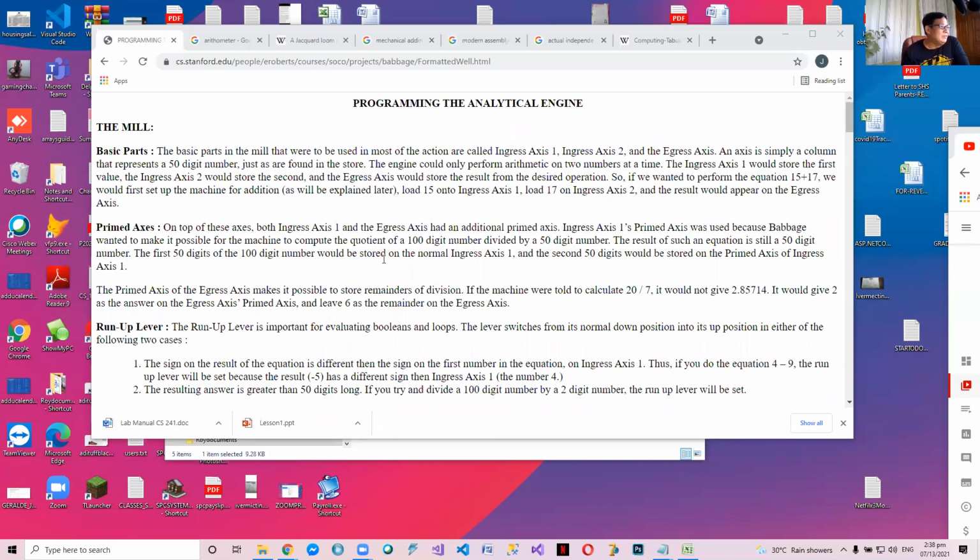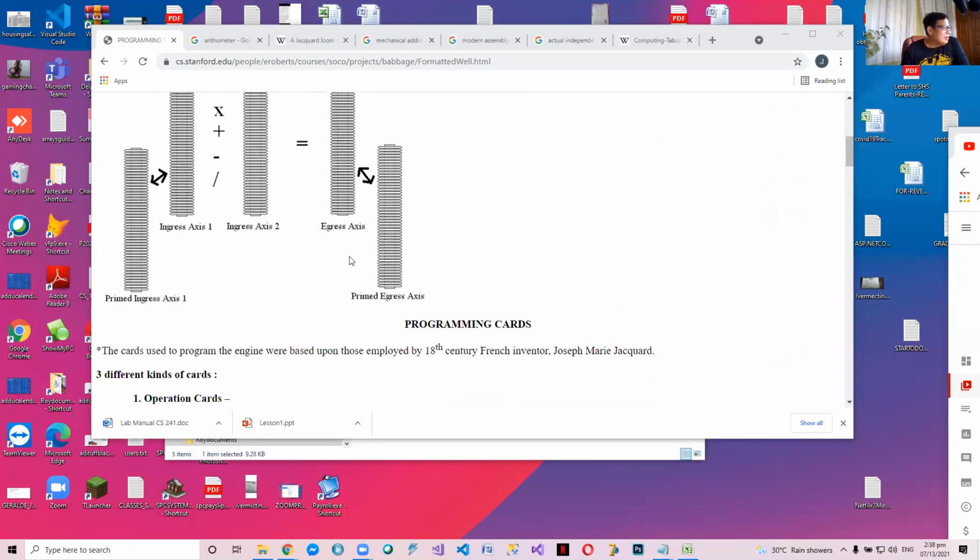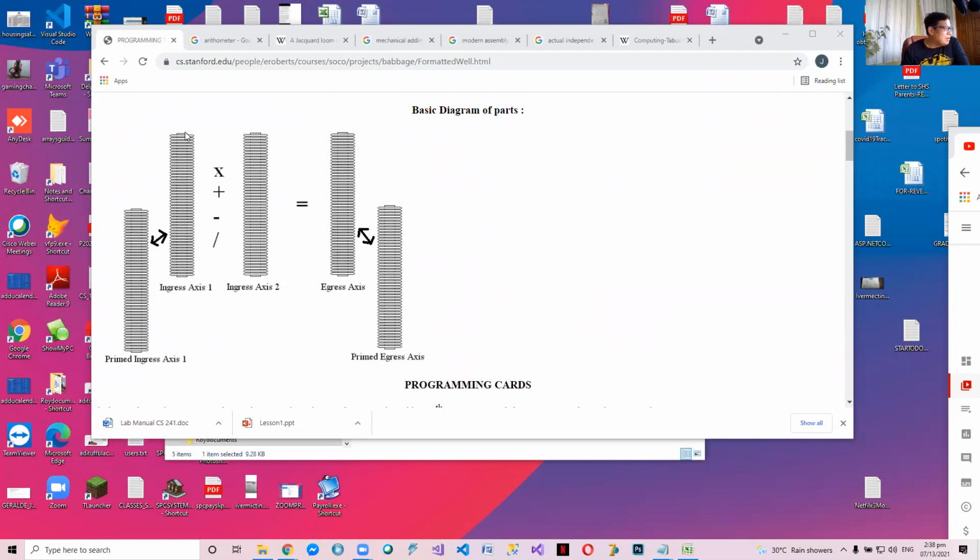The quotient of a 100-digit number divided by a 50-digit number. So ganito 'yon. Sometimes a 100-digit number is very large. So you can combine the prime ingress axis with the ingress axis 1. You have 50 wheels here, you have 50 wheels here. You can have a very large dividend.